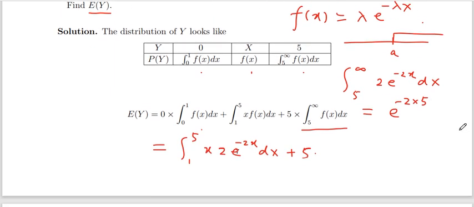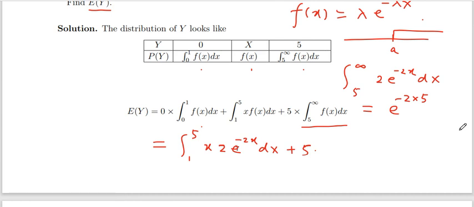But the basic thing is, here we can save some time, and for this part we have to use integration by parts. For those integrations you need to do some practice.